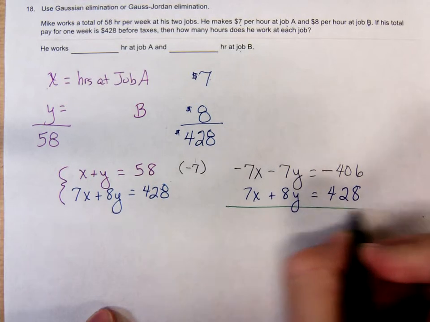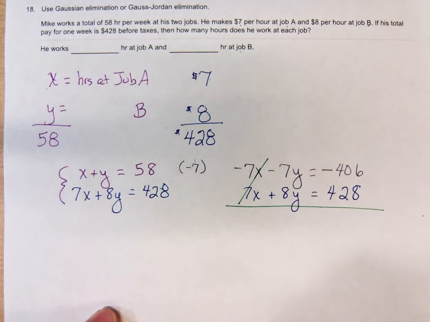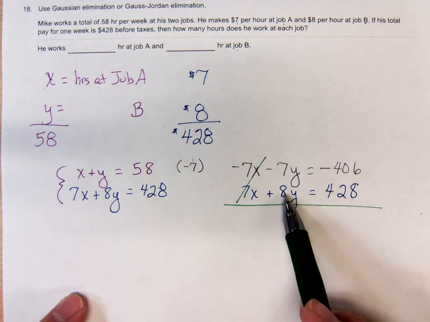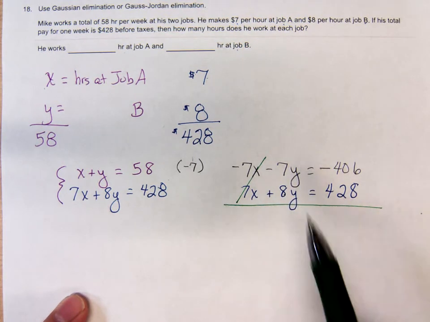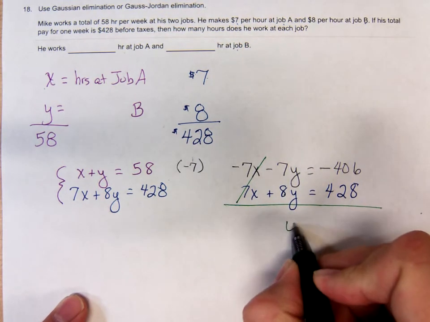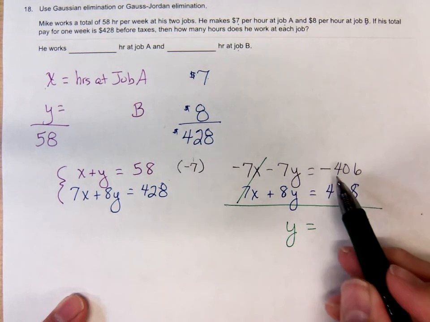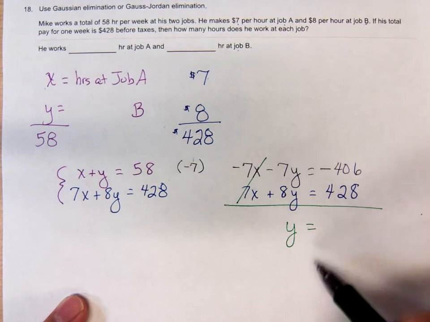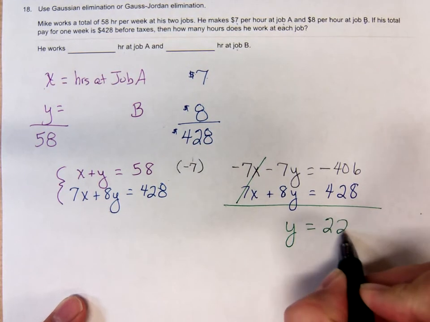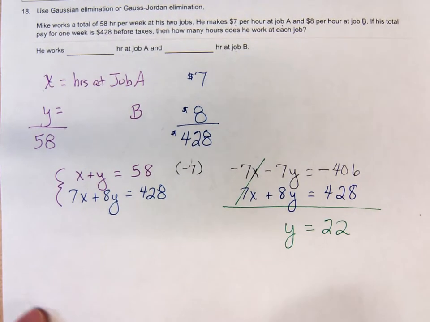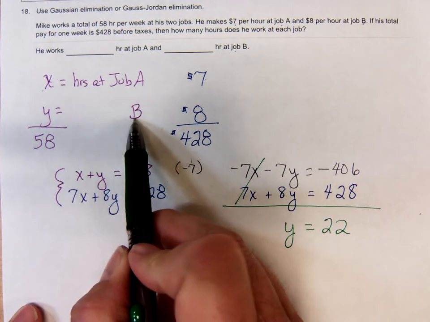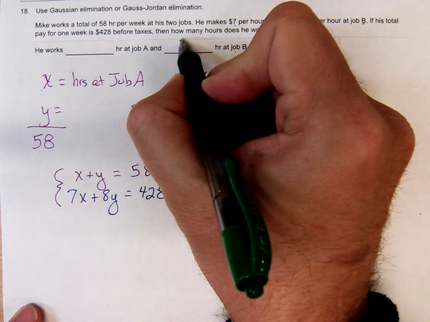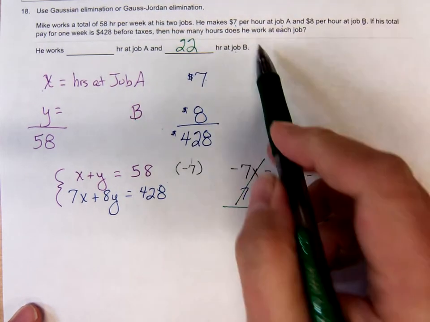Here the x's are being eliminated. -7 plus 8 is +1 y. -406 plus 428, let's see, 428 minus 406, is that 22? So we got the number of hours at job B first. So he's worked 22 hours at job B.